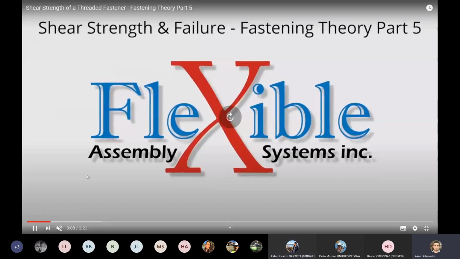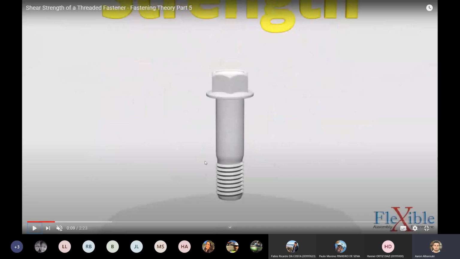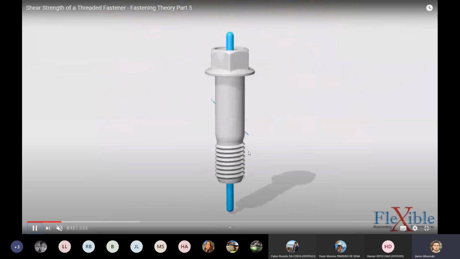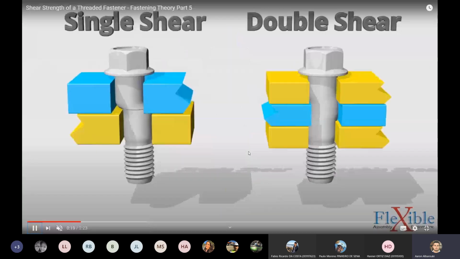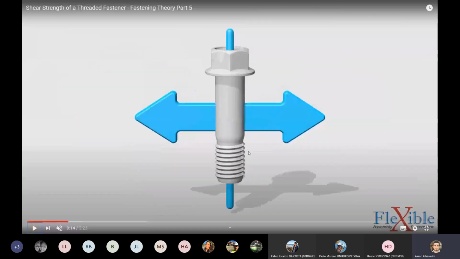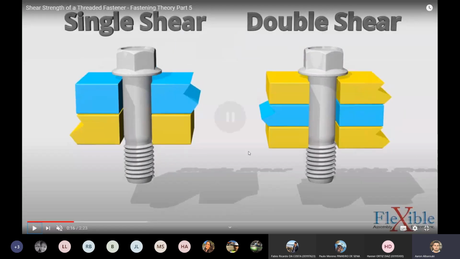No worries. So shear stresses, guys, as we said, the first main difference is the direction of the force. It is not normal to the surface, it's parallel to the surface. Let's have a quick look at what that means. If I have a joint like this, with two plates connected with bolts, the blue plate is trying to move to the right and the yellow one is trying to move to the left, because that's why we're connecting these two plates.